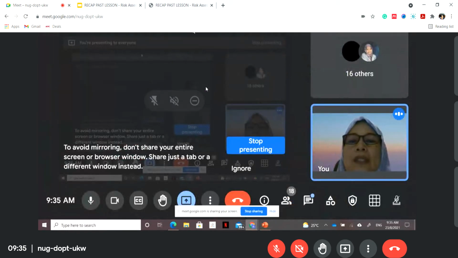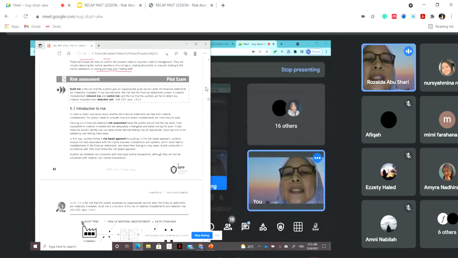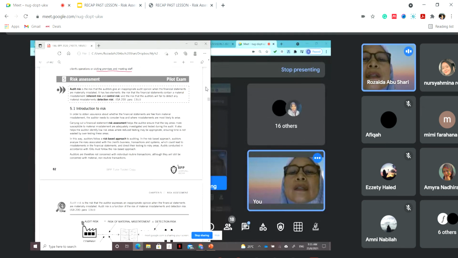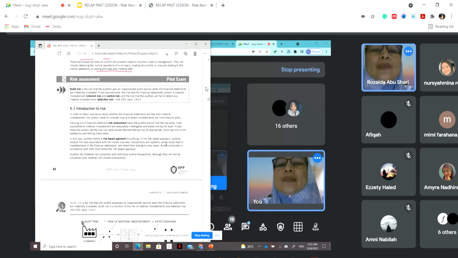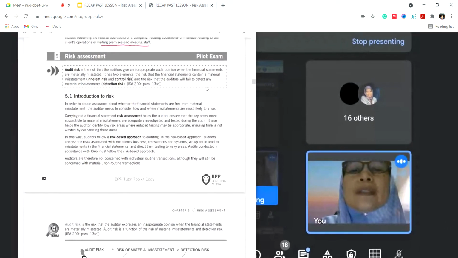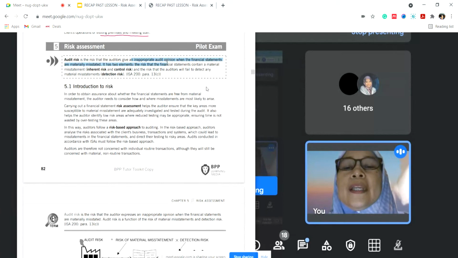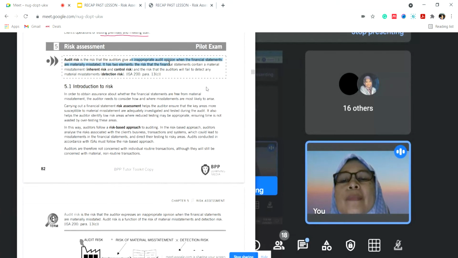Audit risk is the risk that the auditor gives an inappropriate audit opinion when the financial statements are materially misstated.